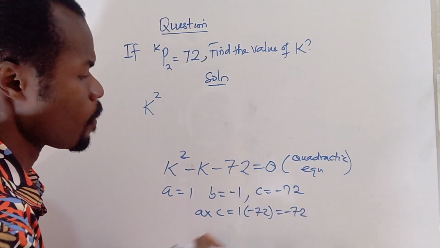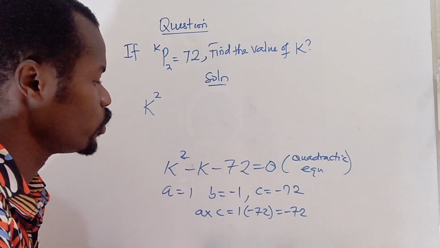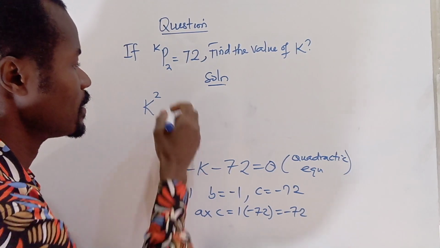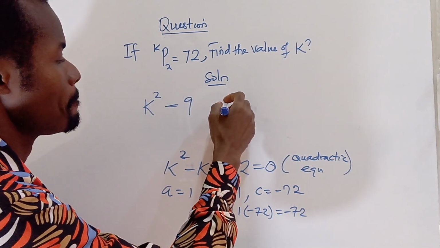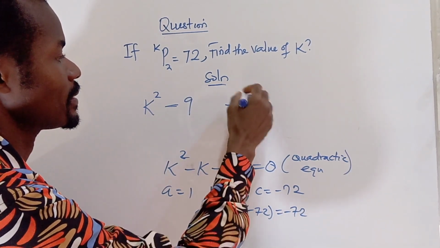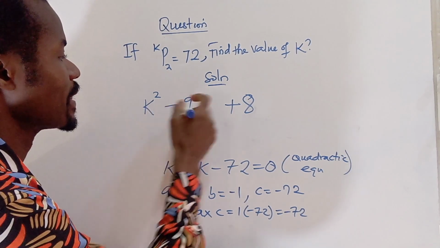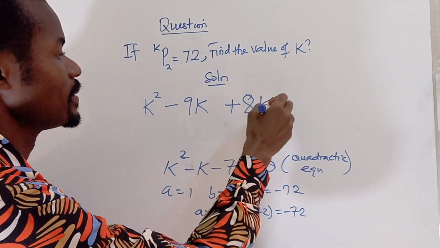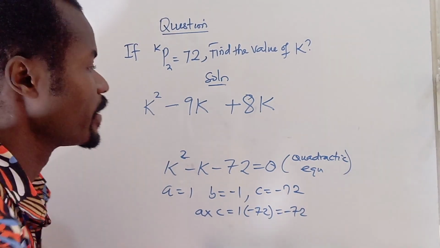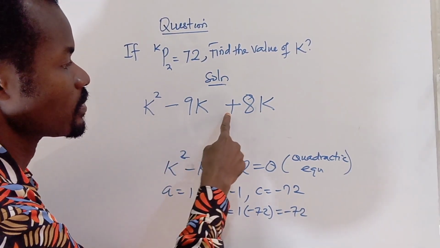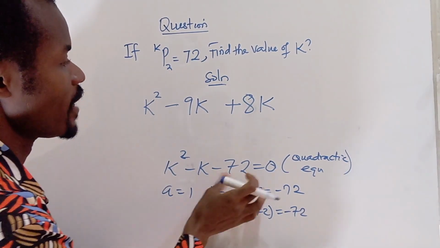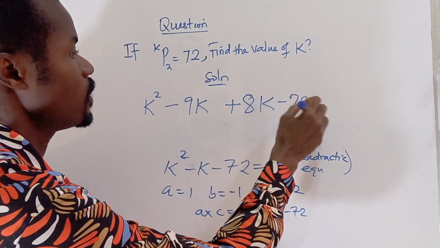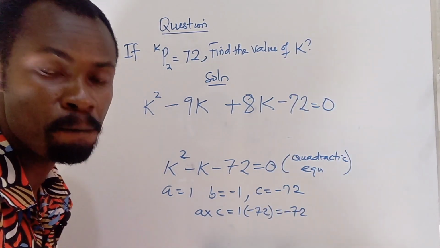For 72, the two numbers we can use to get minus 1 are minus 9 and plus 8. We are going to add them with k, so that we have minus 9k plus 8k, which gives us minus k. Then we have minus 72, which is equal to 0.